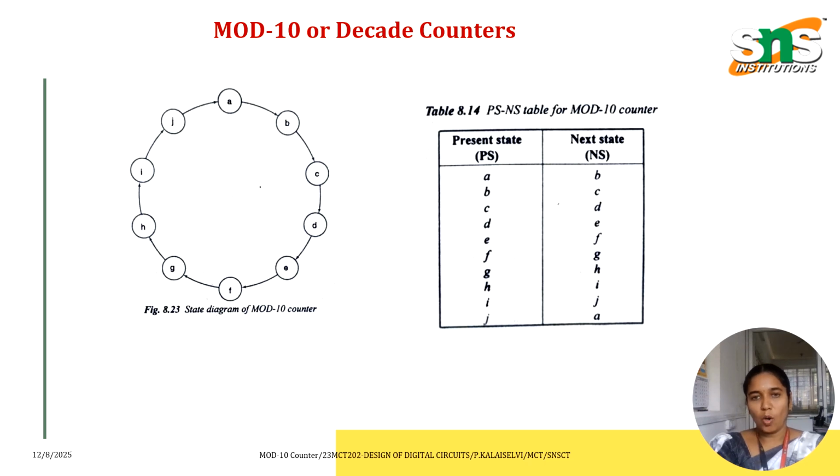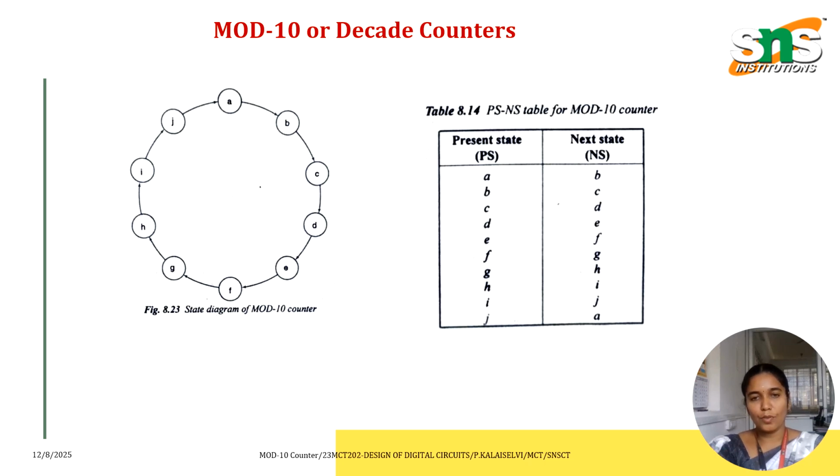A MOD-10 counter is a digital circuit that counts from 0 to 9 and resets back to 0. The state diagram of the MOD-10 counter is given here, from A to J. Since there are more than 8 states, it needs a 4-bit counter, counting from 0000 to 1001 and then resetting to 0000.